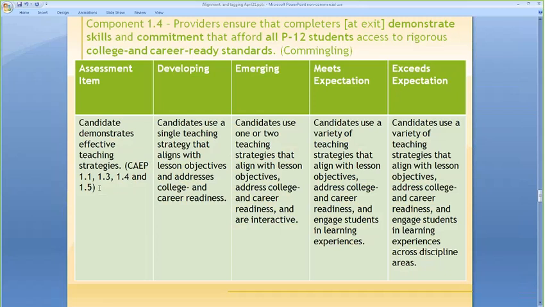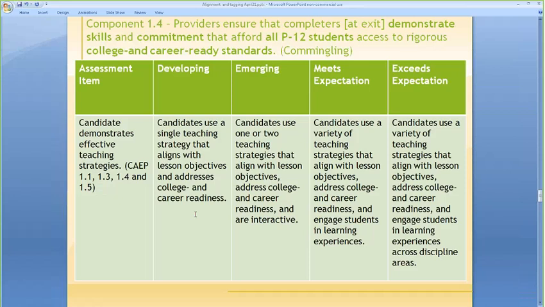And in this particular case, it's attempting to do a whole big bunch in there. Let's look at what it's saying. Within the developing category, we just show that candidates are using a single teaching strategy. Okay, so we are getting a demonstration here. We are getting at skill because we've got this using a strategy. We've got a strategy that aligns with lesson plans and addresses college and career readiness.